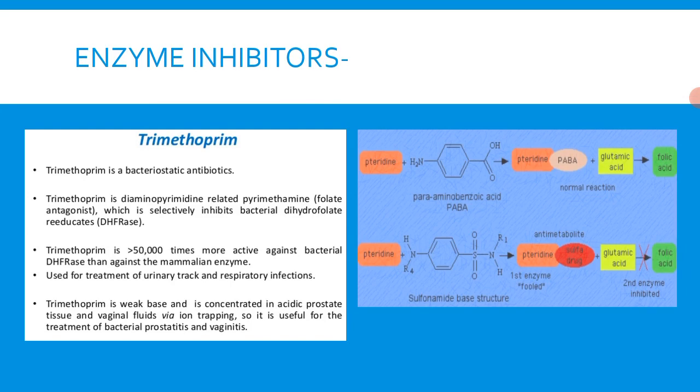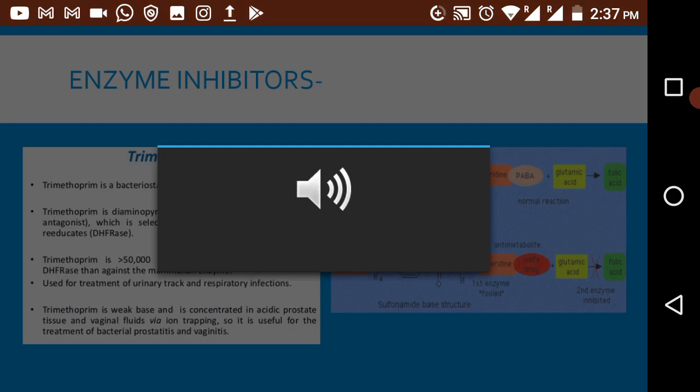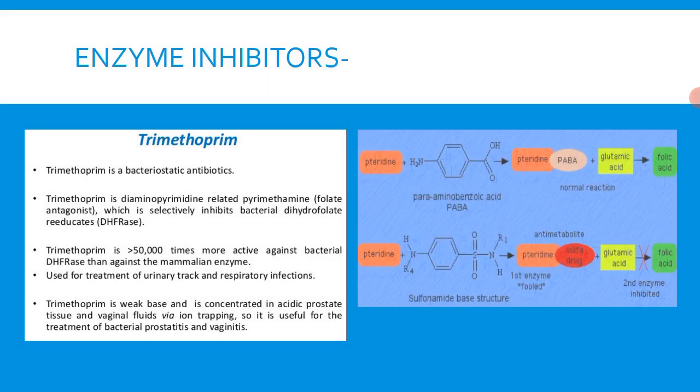Now this complex will attach to the glutamic acid, and these three together will be responsible for producing the folic acid. Now this is the normal reaction that you can see in the above one. The first one is the normal reaction.